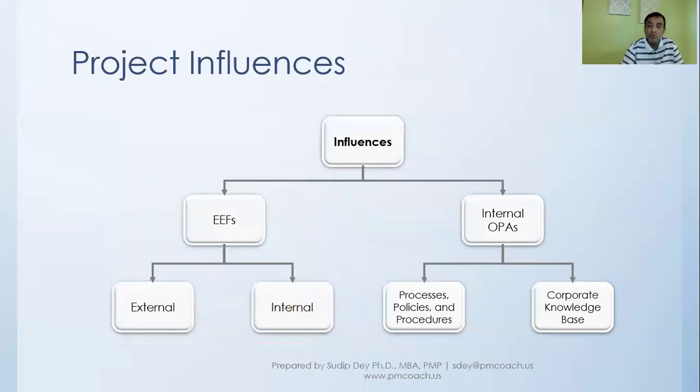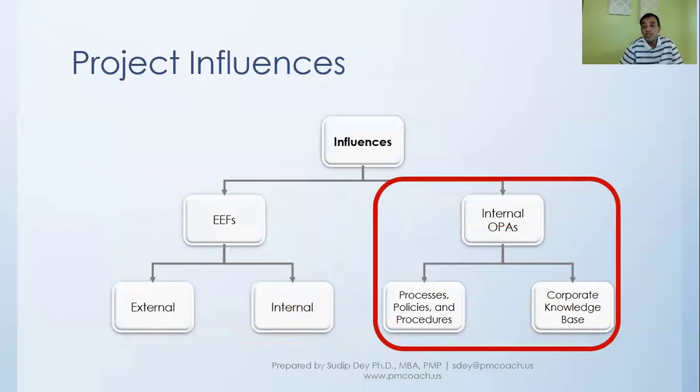Now let's move on to the organizational process assets, or OPA as we call them. As you can see here, there are two categories of organizational process assets. One is processes, policies, and procedures. And the other category is the corporate knowledge base.